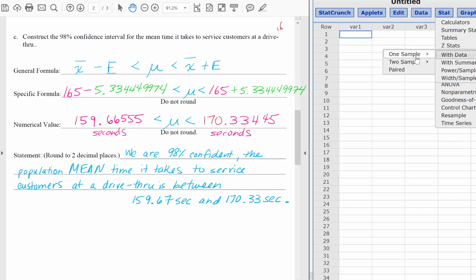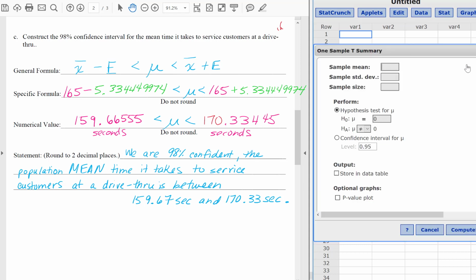I'll write those directions down. T-stats, one sample, and we're going to go with the summary. So those directions again are, we're going to go to stat, then T-stat, then one sample with summary.